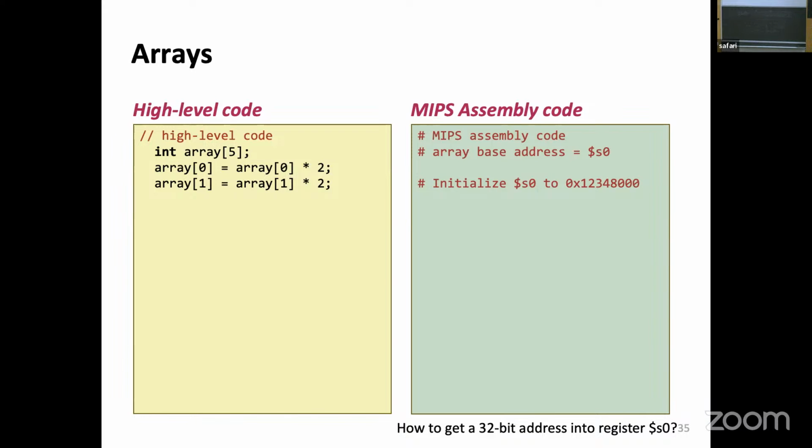I first load it to the lower 16 bits, and then I shift it. Now I have a problem. I want to add to this lower part for the next one. What can I do?